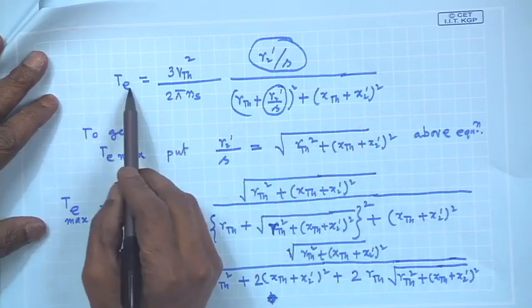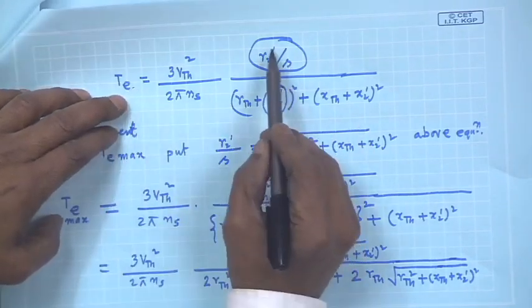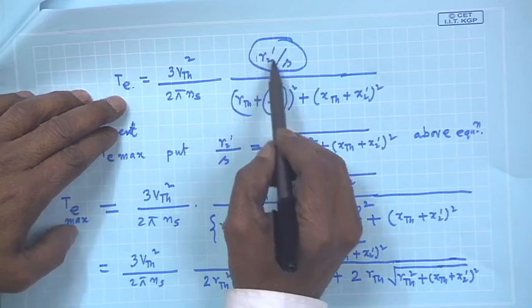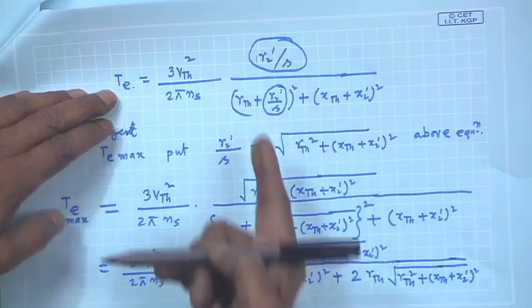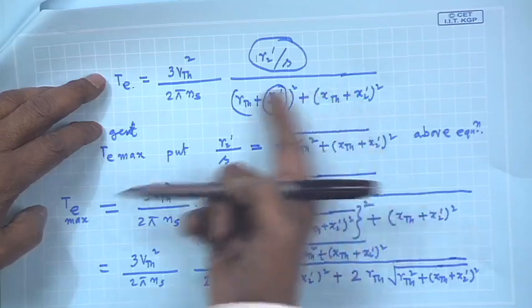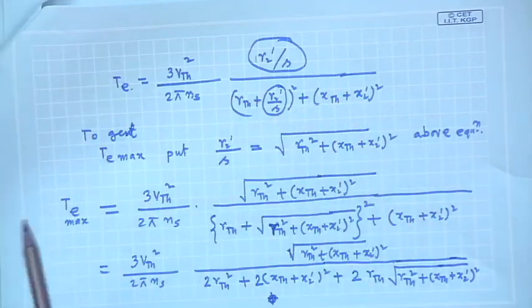So, I will write T max here, put S equal to 1, this will become unknown, then R 2 dash plus R 2 external, and from this equation I will be able to predict the value of R 2 external.